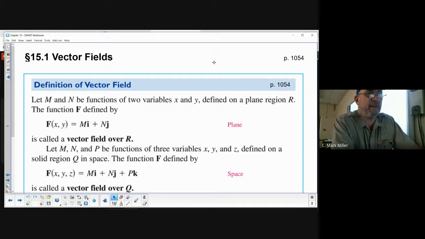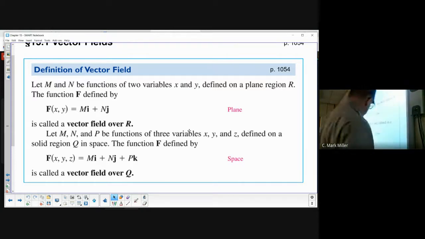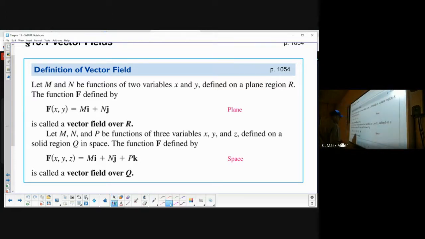And a vector field assigns a vector to every point in the field. Meaning, if you have the Cartesian flat coordinate plane xy, to every point xy will be assigned a vector. All right. If it's xyz space, like right here, to every point xyz will be assigned this vector.